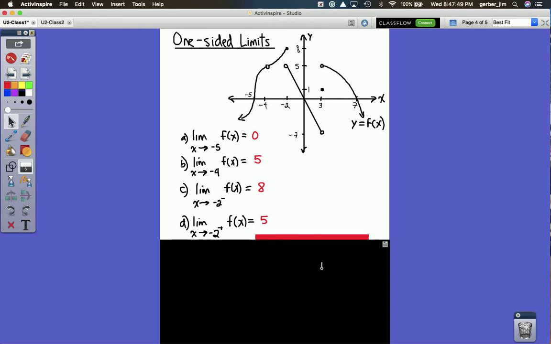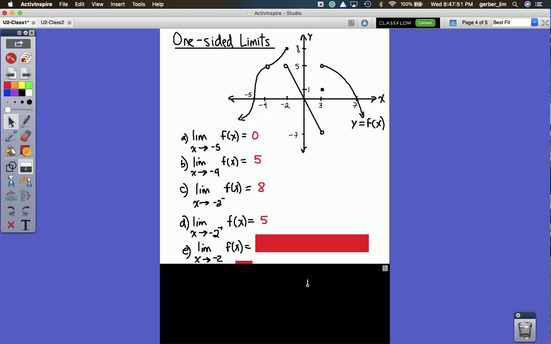And that brings up the interesting question. What do we do if the question just says, what's the limit as x approaches -2? Well, the problem here is as x approaches -2 from the left side, the function goes to 8. And as x approaches -2 from the right side, the function goes to 5. And so what is the limit as x approaches -2?